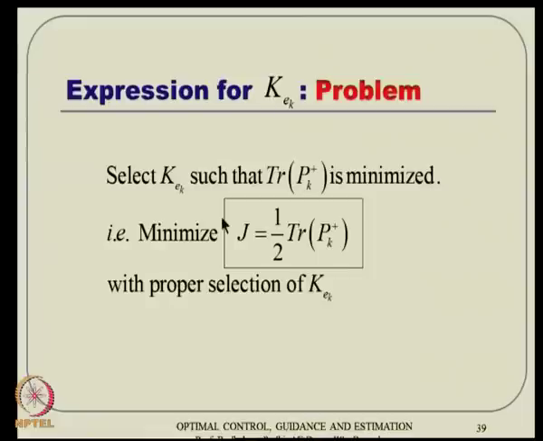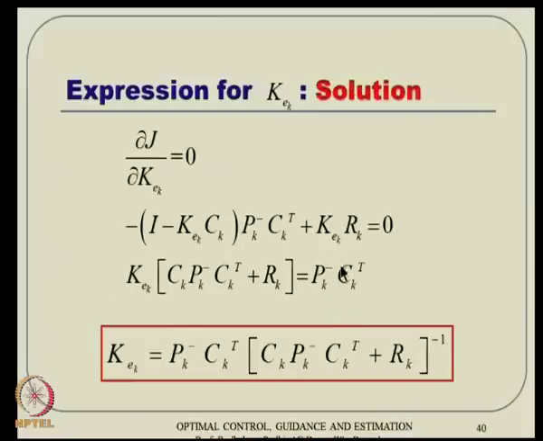Essentially, the problem is this: we want to select a Kk in such a manner that the trace of this Pk plus is minimized. In other words, minimize J, a performance index, half of the trace of Pk plus, with a proper selection of Kk. So, obviously, we have to apply the necessary condition that del J by del Kk equals 0.